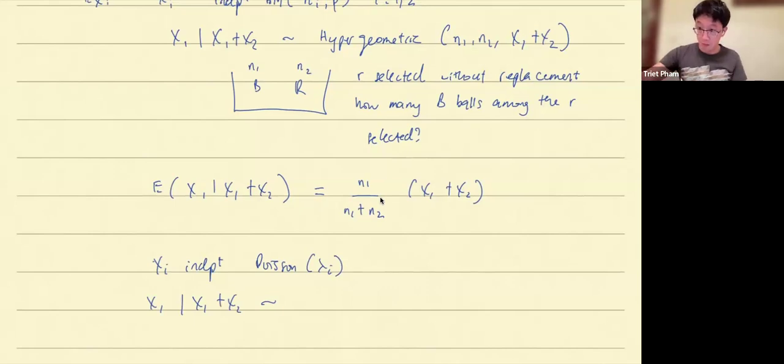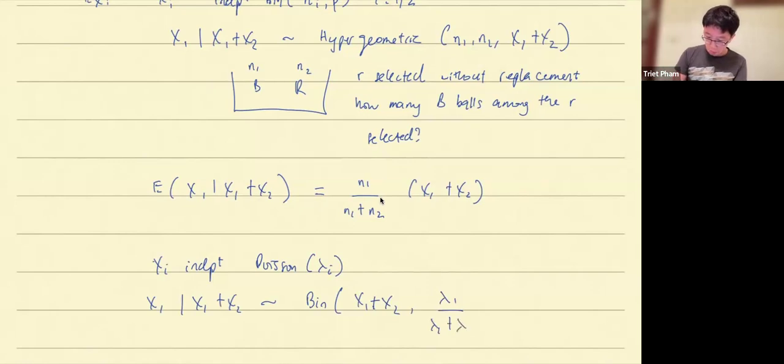It will be a binomial, right? With the total number of trials as x1 plus x2, and the success rate is lambda 1 over lambda 1 plus lambda 2. Okay.